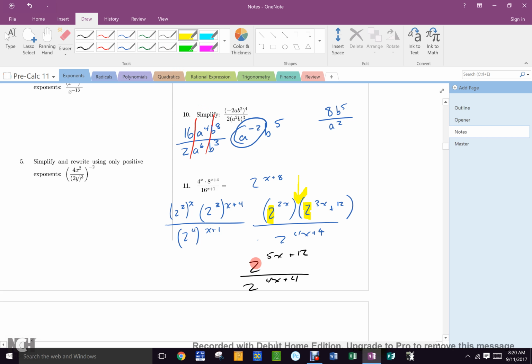Are these the same base? What math is happening here? Division. What do you do with exponents when you divide? Subtract. 5x minus 4x is 1x. 12 minus 4 is 8. Now, if we had video of Friday, I would have gone back to it right now and paused it at the part where I say, it doesn't matter what exponents look like.